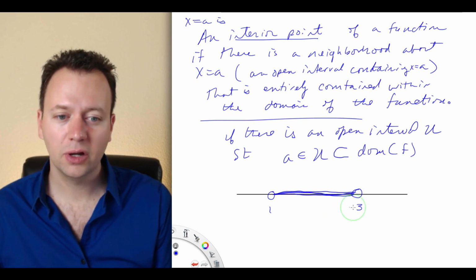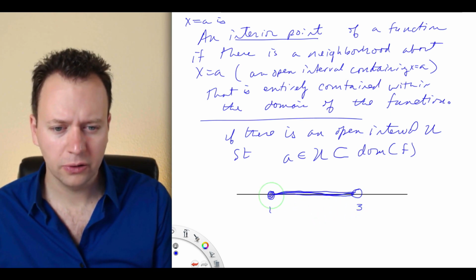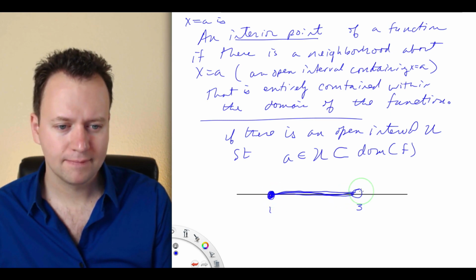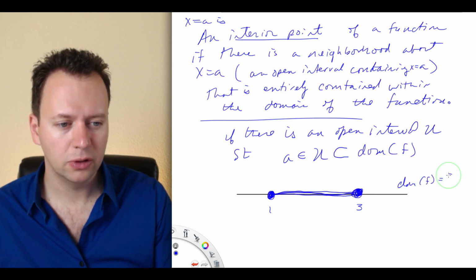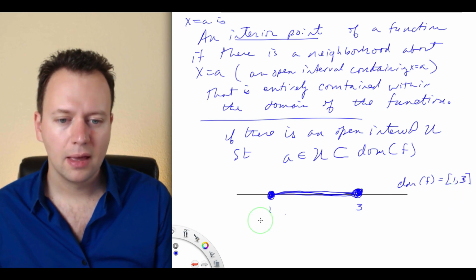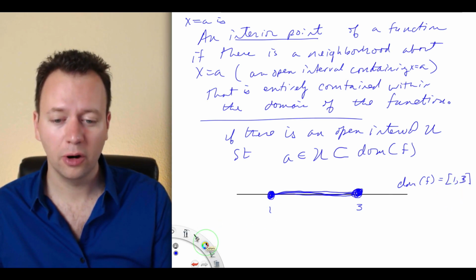So any point on the domain is an interior point. Actually, let's make it a closed interval. Why not? So let's include the points 1 and 3. So the domain of f in this example is equal to the closed interval from 1 to 3. Okay, so any point other than 1 and 3 is an interior point.